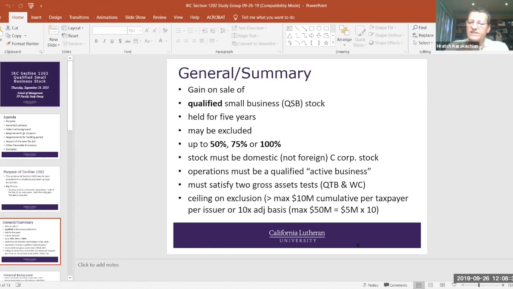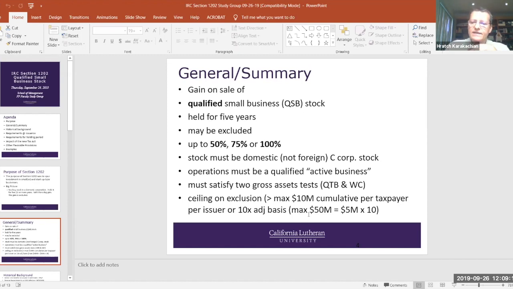There is a cap on the exclusion amount. So it's not millions and millions of dollars. And this is the cap, and it's in the statute. And this cap is per taxpayer per investment. So, for example, if an individual makes investments in two separate enterprises, two different corporations, this cap applies to each one separately. It's not combined, but it is cumulative as to one specific investment and that taxpayer who made that investment in that entity.